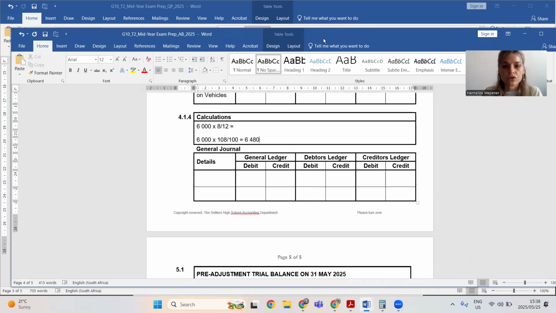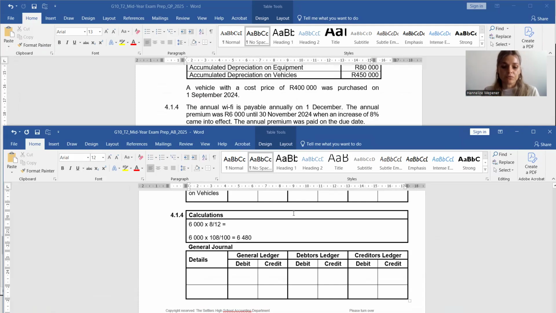Okay, so that is now my annual premium that I had for the remaining 12 months of my financial year. They are saying that this annual premium was paid on the due date. In other words, on the 1st of December, I made this payment over here, but I made the payment for the full financial year, so for 12 months.